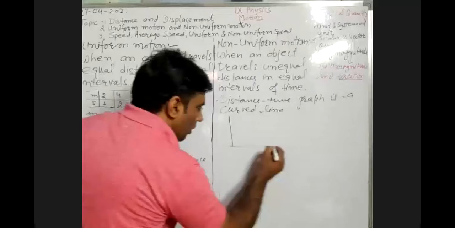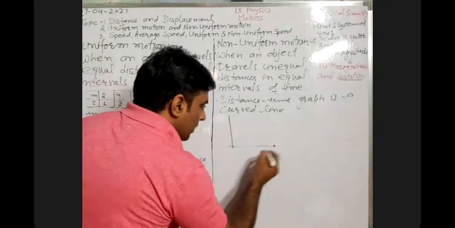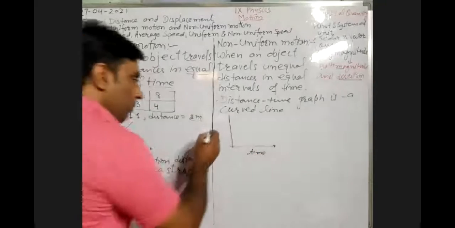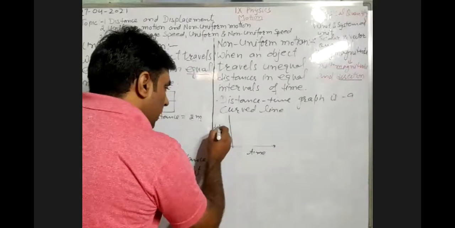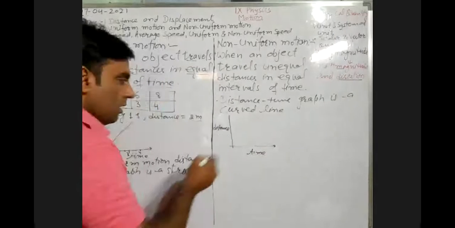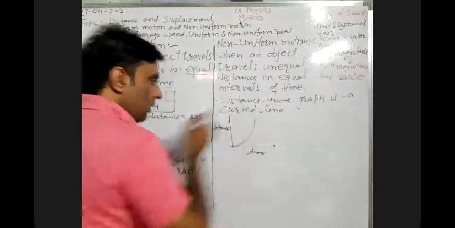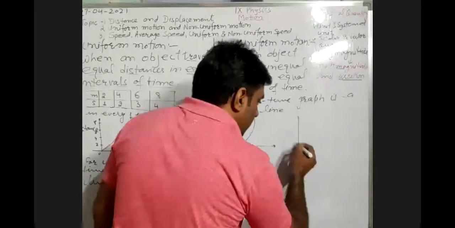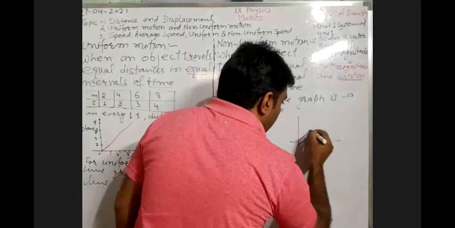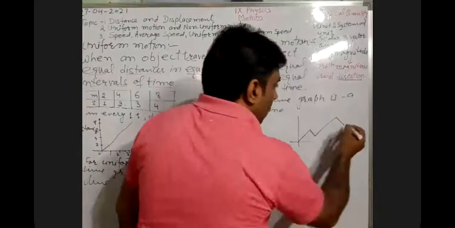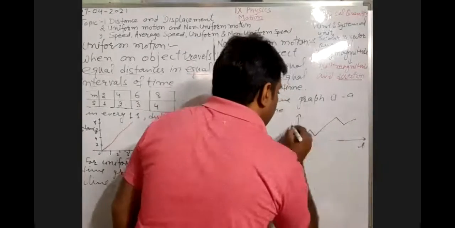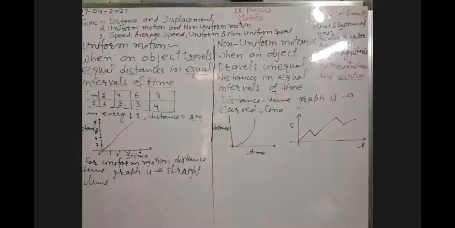Again, on the x-axis we are taking time, and on the y-axis we are taking distance. It can be a curved line, it can be zigzag also. The distance time graph can also be like this, or any shape, but it will not be a straight line.